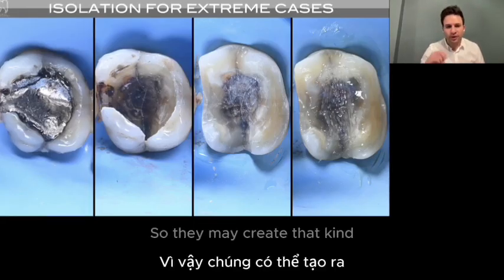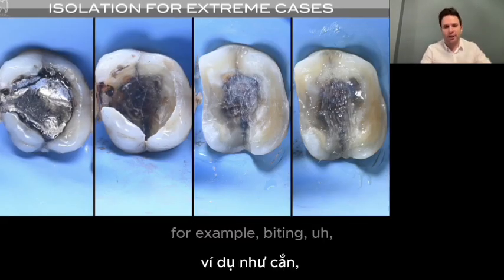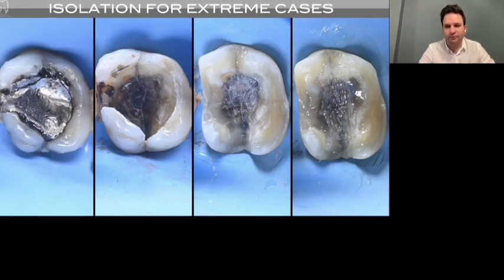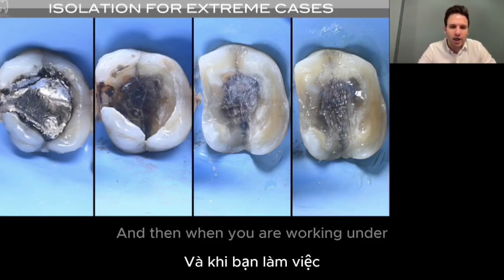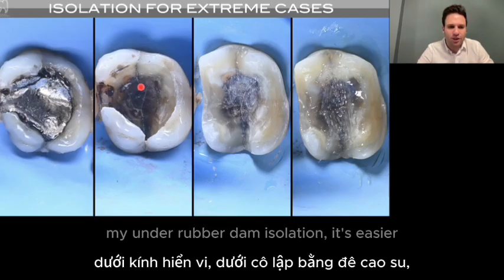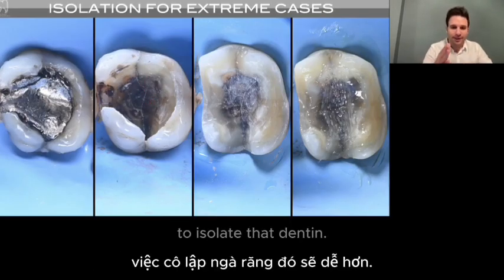So they may create that kind of cracked lines under some force, for example, biting or eating some hard things. And when you are working under rubber dam isolation, it's easier to isolate that dentin.